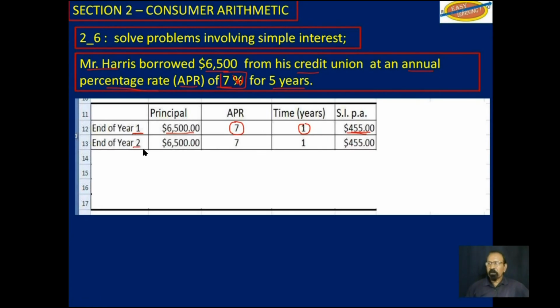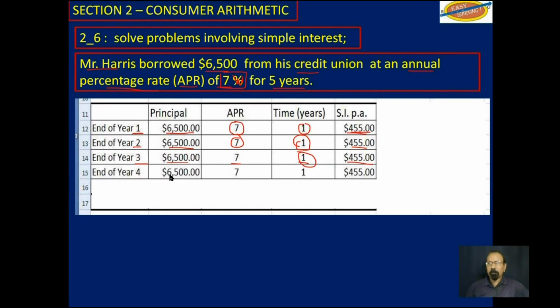At the end of year 2, $6,500 is still the principal, 7%, this is year 2, and so another $455 interest is due. Year 3, same principal, same percentage per year, but it is now year 3, and $455 more.